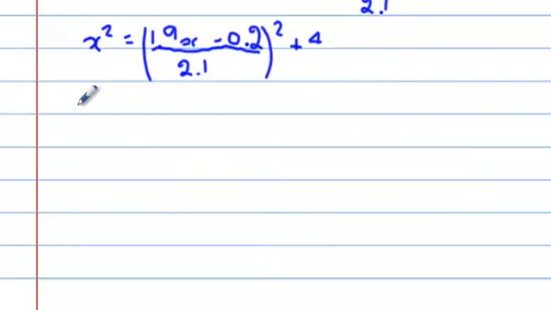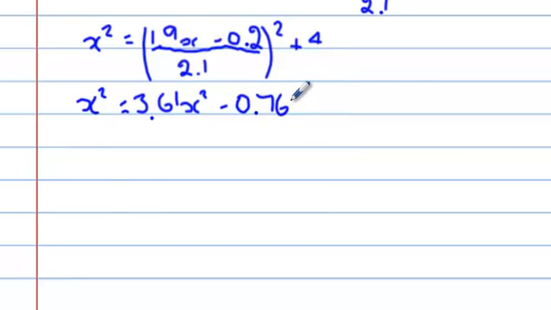So let's begin multiplying that bracket out, which will give me x squared equals 3.61 x squared, that's your 1.9 x squared. Then I'll have a 0.38x because of 1.9 times 0.2, and there'll be two of those, so I'll collect those together to save some extra lines of algebra.